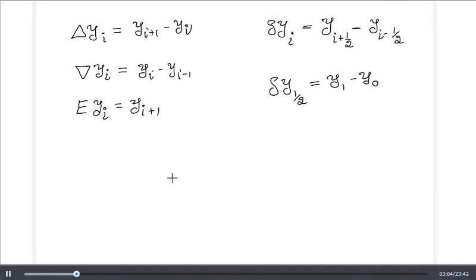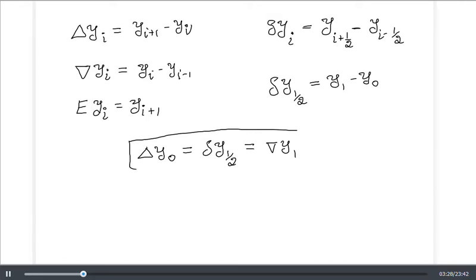Now if you want to equate the forward difference operator and the central difference operator, delta of y0 is actually equal to the central difference operator acting on y at 1 by 2, and this is the same as nabla of y1. So this is how you can relate these three.